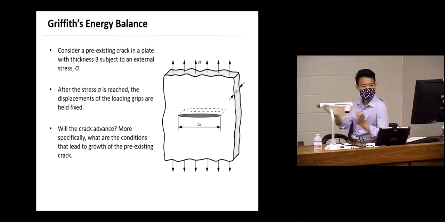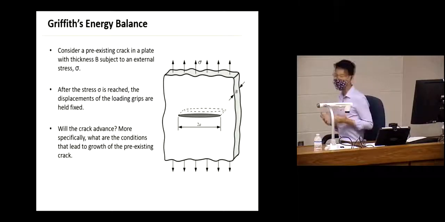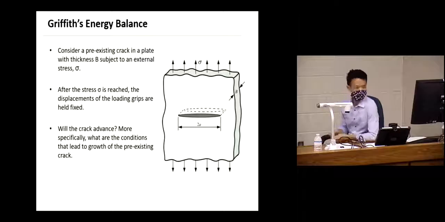It increases in length, and eventually it increases so much that it breaks the material into big pieces. So the starting point is, okay, there are some cracks, and what are the conditions, in terms of stresses and also the pre-existing crack length, that will allow the crack to grow? That is the question that he wants to solve.